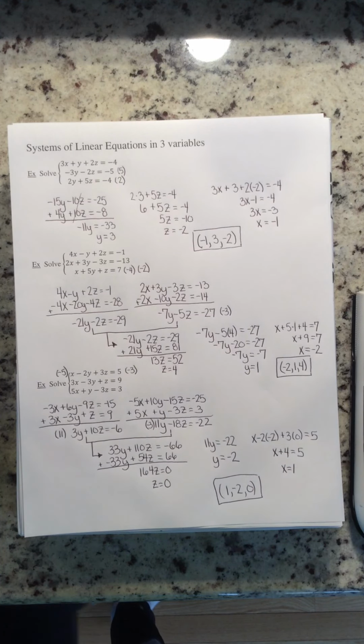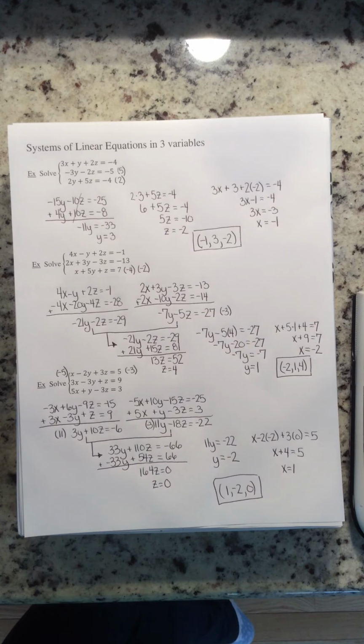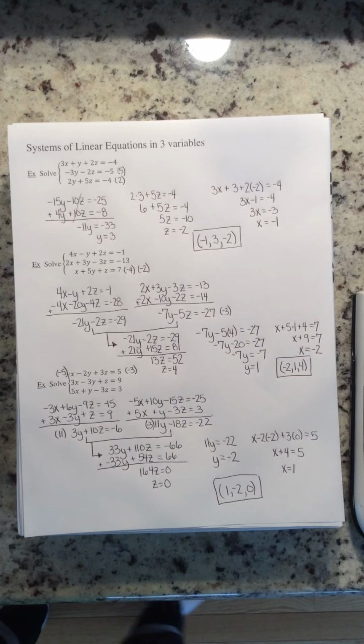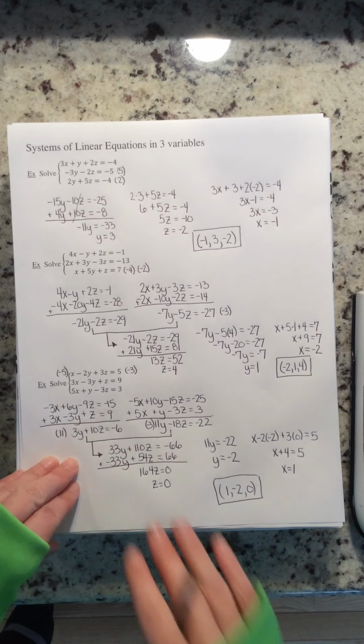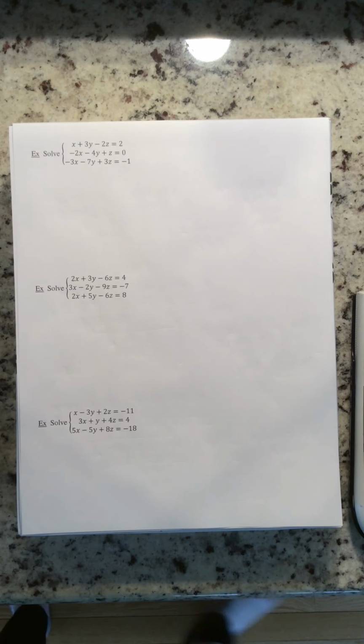Moving on, we want to look at those special cases that we saw where we would have no solutions because the lines didn't intersect, or we would end up with an infinite number of solutions when the lines were on top of each other. So let's go ahead and take a look at some of them that don't quite work out to be that perfect triple ordered pair.